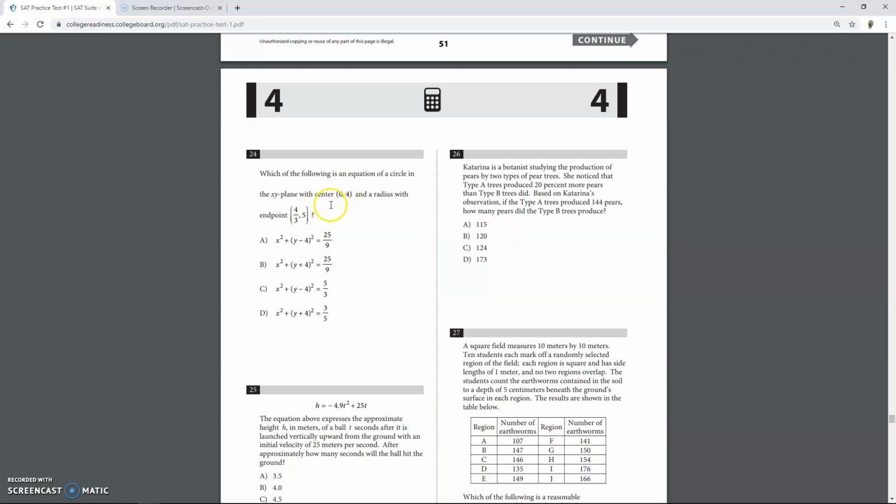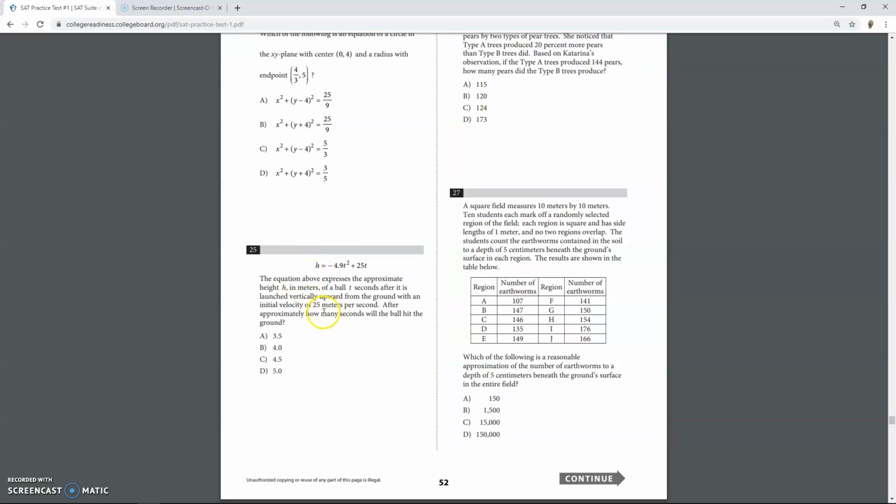The radius will be 4 over 3 minus 0 squared plus 5 minus 4 squared, which will be 16 over 9 plus 1, which will be 25 over 9. And that will be the square of the radius. And so we know the answer is A, because the square of the radius is 25 over 9.